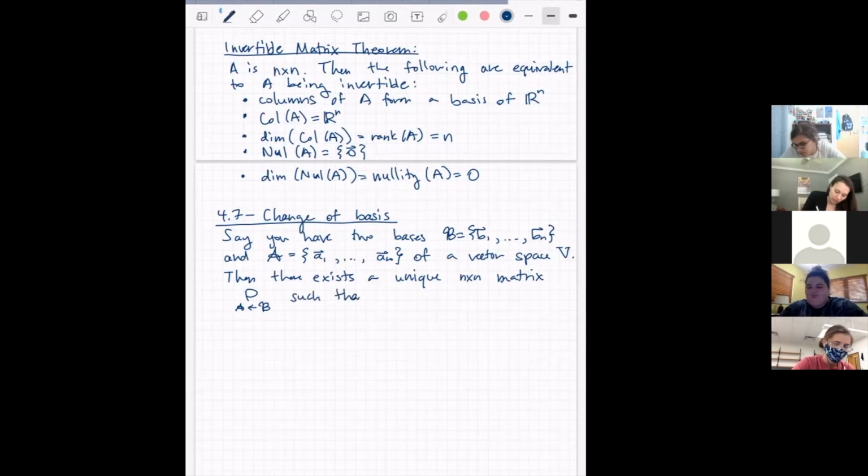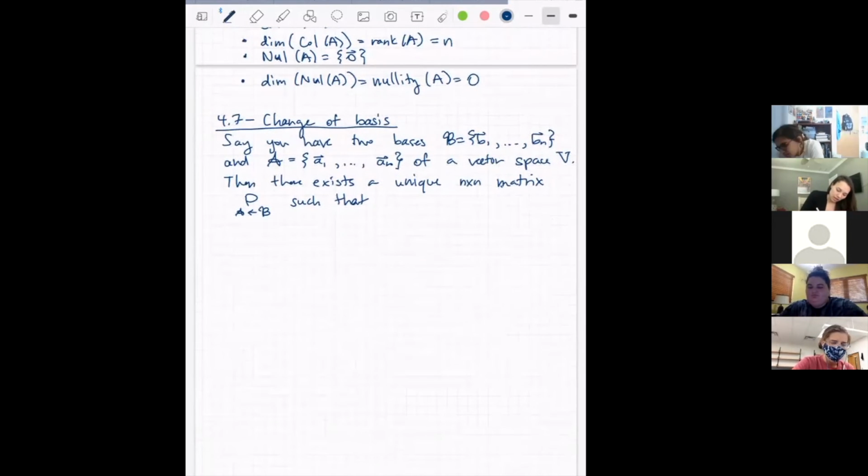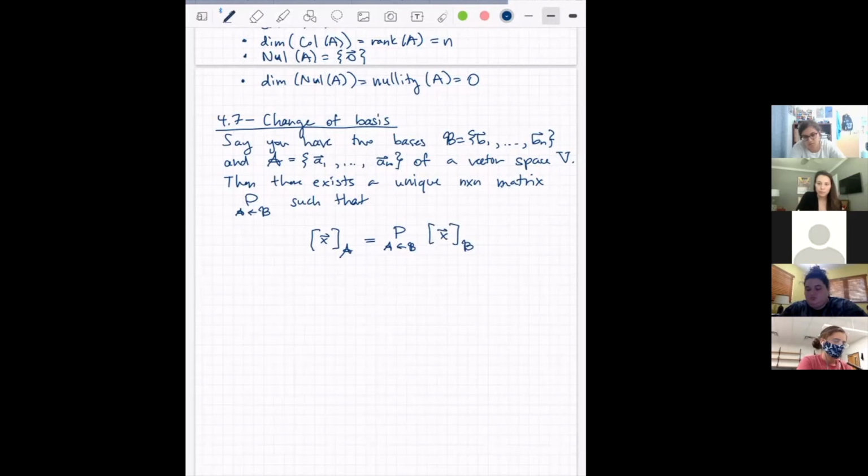This is such that your representation of your vector x in terms of A, so the A coordinate vector, is equal to this matrix P times the coordinate vector in B, right? Okay.